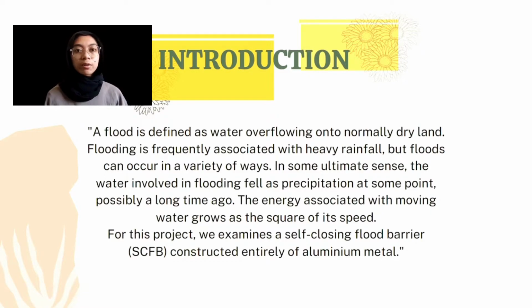The energy associated with moving water grows as the square of its speed. When the speed doubles, flooding is usually associated with water moving faster than usual, due in part to the wake of an increased amount of water upstream, which causes an increase in the pressure gradient that drives the flow. In most cases, the debris carried by the floodwaters magnifies the damage potential of the flood.